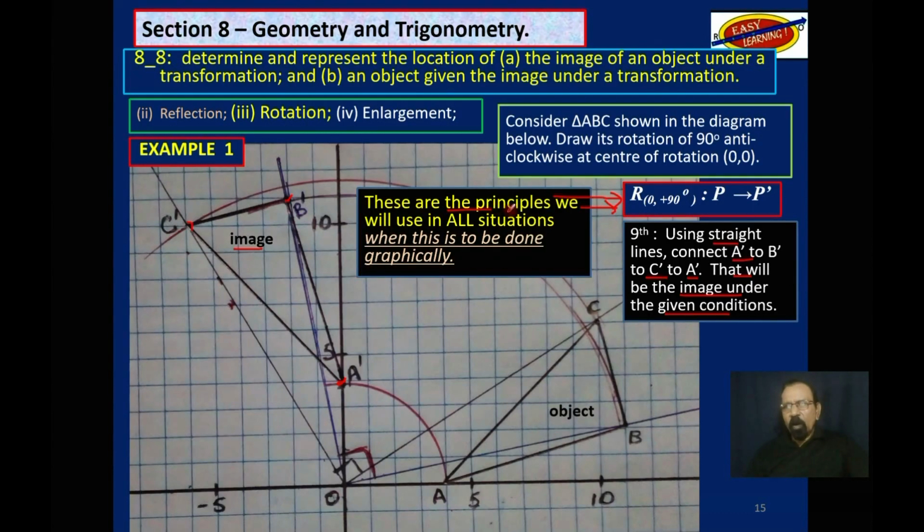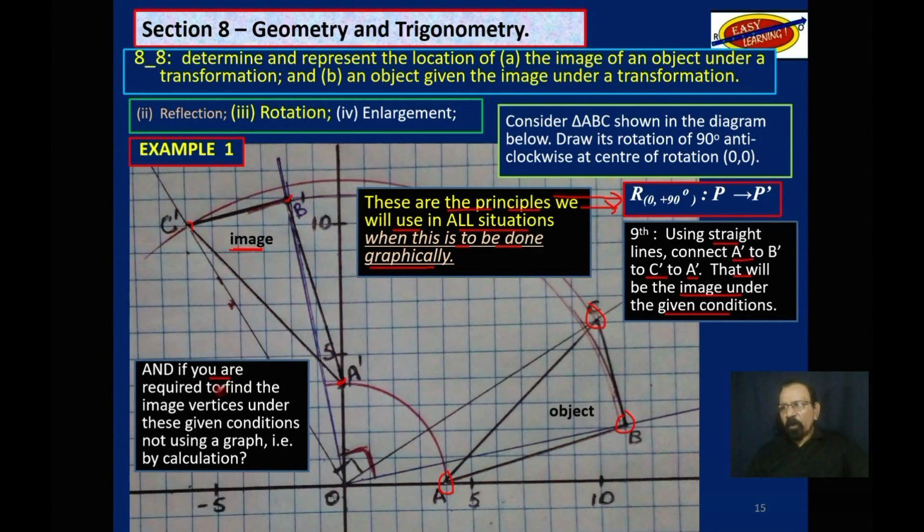These are all the principles we will use in all situations when this is to be done graphically. Once you learn this one for C, you do the same thing for B and the same thing for A. You get the image points, connect them up, and you actually get the image. I did that in detail. The rest I will move very fast.